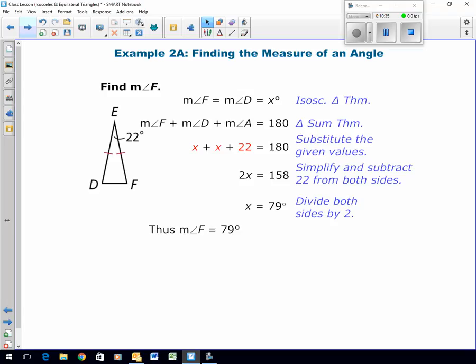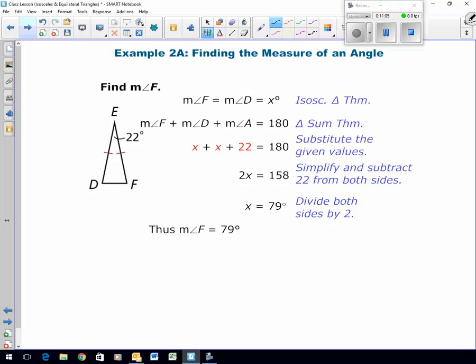All right. This says to find the measure of angle F. And at first it's like, I don't even know one of those angles, Mr. Hobbs. And the triangle sum theorem, I gotta have at least two of the angle measurements, right? That's what we taught you, right? Well, put our algebra caps on.